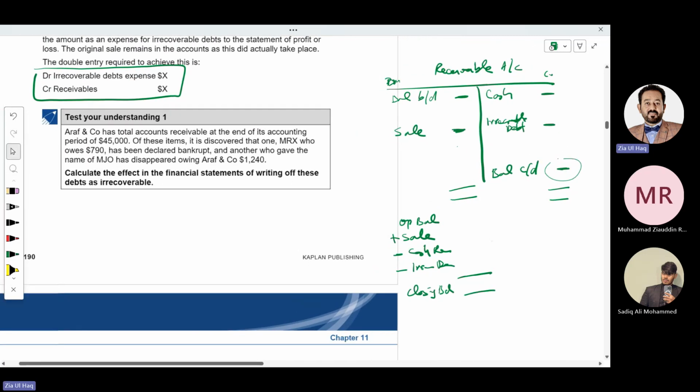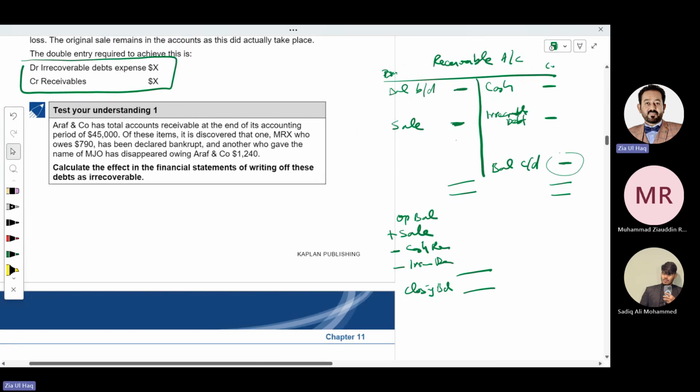Okay, let's discuss. RF and company has total account receivable at the end of accounting period of 45,000. Of these items, it is discovered that one MRX who owes 790 has been declared bankrupt. Meaning this will not be recovered.